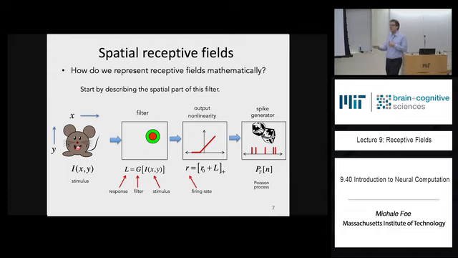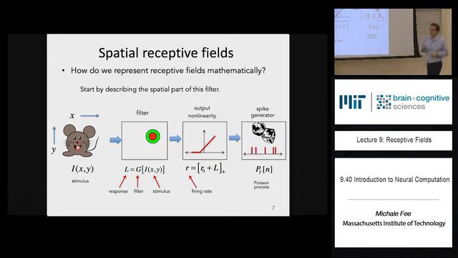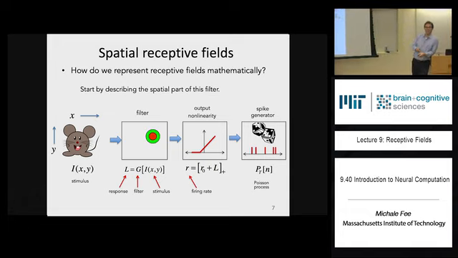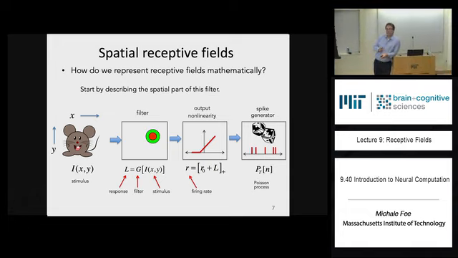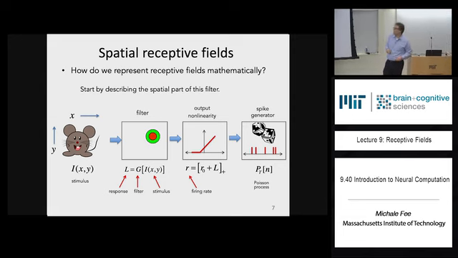But in the time domain, when we calculate a temporal receptive field, we're going to use a convolution. Okay? And we'll get to that in a minute. That's the very next thing. Great question. Anything else? Okay. All right, so that's called an LN model. I should have put that on the slide. Linear nonlinear model. Okay.